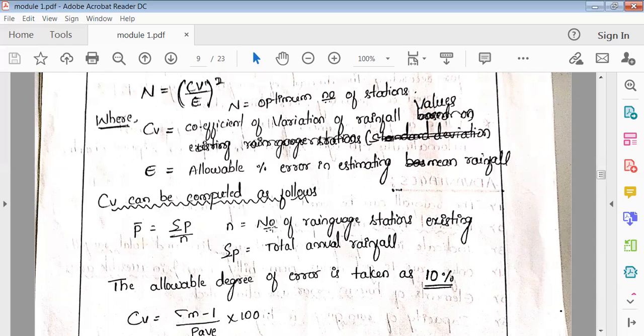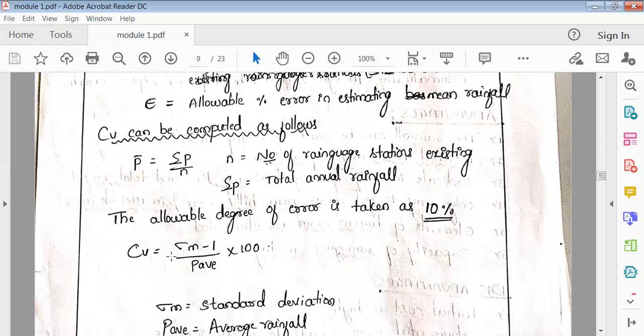Small n is the total number of rain gauge stations which are existing, and summation P is the total annual rainfall. So P dash is equal to summation P by n. And the allowable degree of error is taken as 10%. So capital E, the allowable error, is 10%.